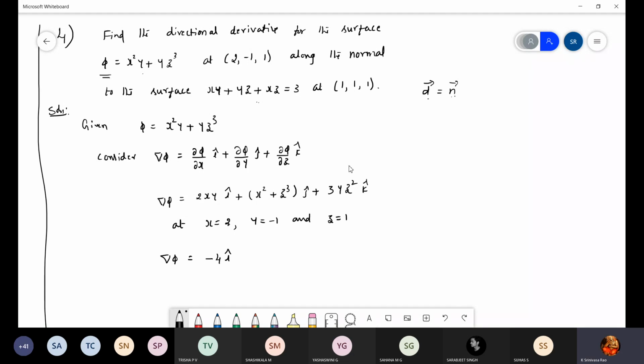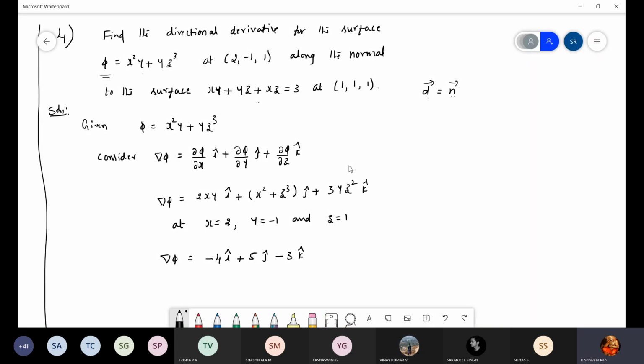What about the middle term? Plus 5 j cap. Minus 3 k cap. Okay, this is the one part, grad phi.